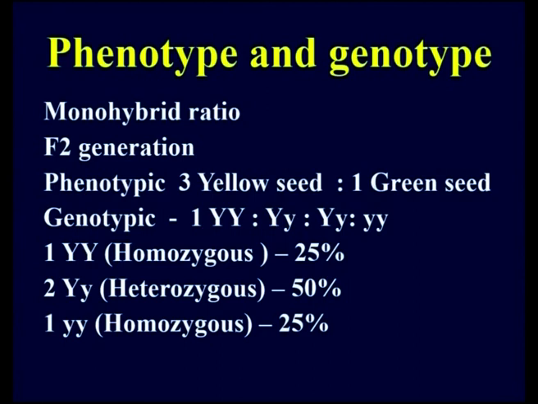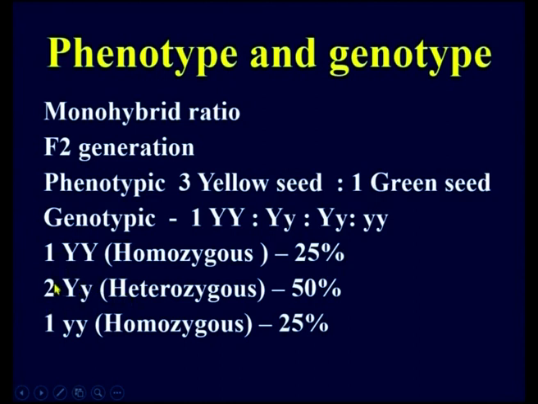So this is the genotypic ratio, which is 1:2:1. The same 4 plants we got here, right? 1 pure yellow, 1 pure green, 2 yellows, but you have even green color hidden in them.